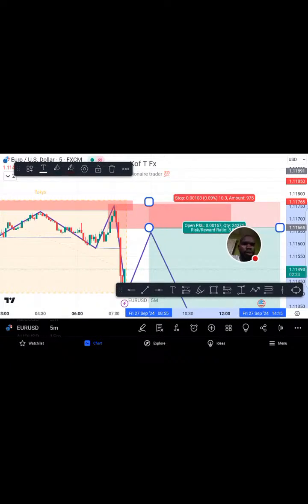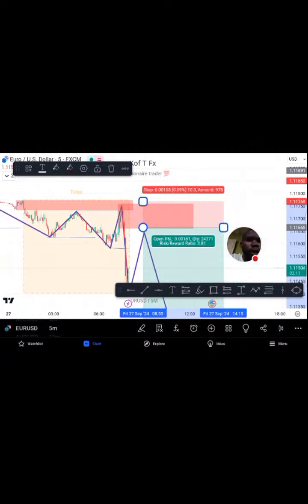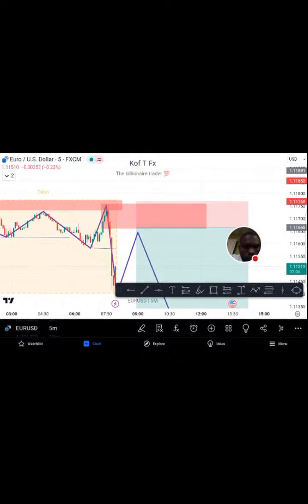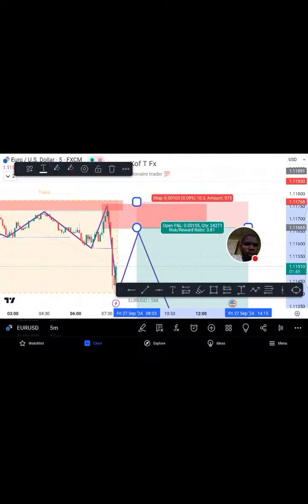So let me set the limit. I have 10 pips, 10 points. So I'm setting the limit right now. I want to set the limit so that price does not leave us out.